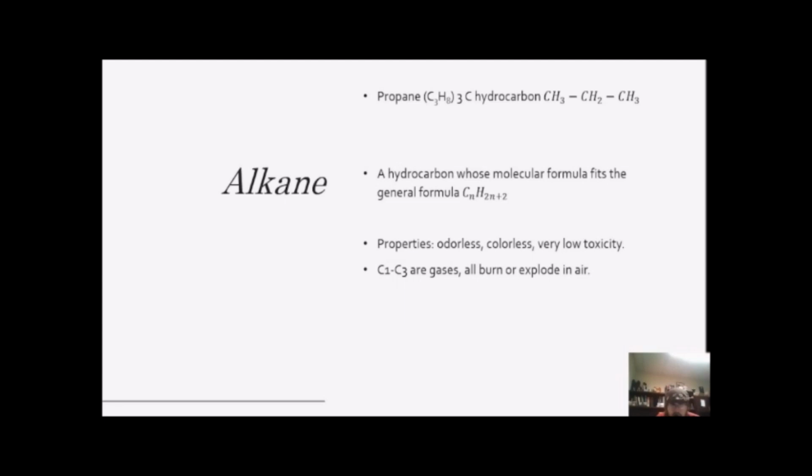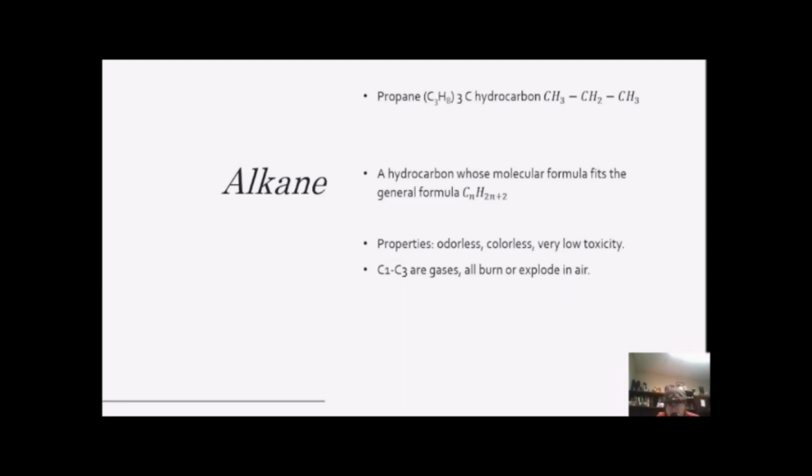All of these guys are called alkanes. An alkane is a hydrocarbon whose molecular formula fits the general formula of CnH2n+2, meaning that whatever the number of carbons is, the hydrogen is twice that number plus 2. So C3, that means 2 times 3 is 6, 6 plus 2 is 8.